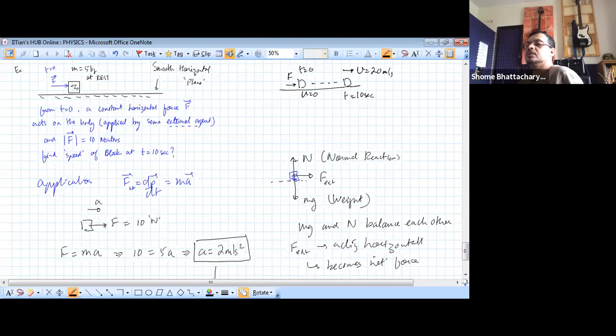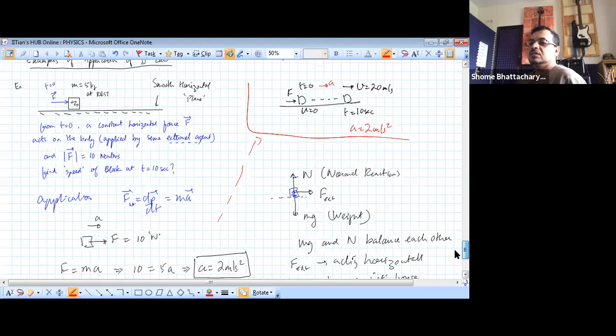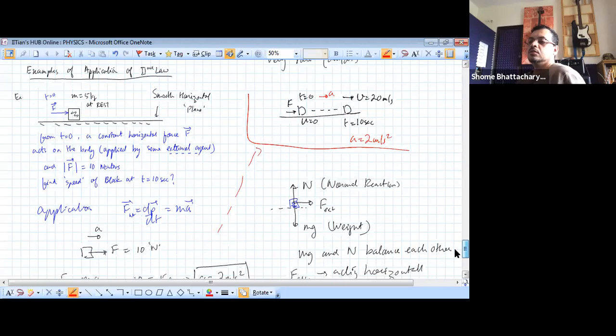Because that force that we are applying on it is maintaining a constant acceleration of 2 meters per second square. It's maintaining that uniform acceleration. This is what all this is. Okay, so this is like the most basic example of the application of Newton's second law. Just make note of this.